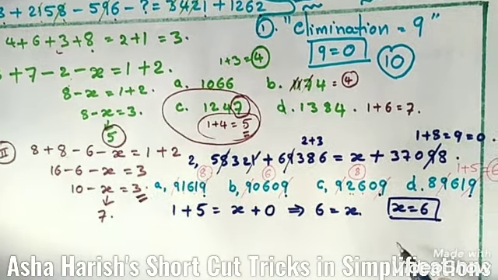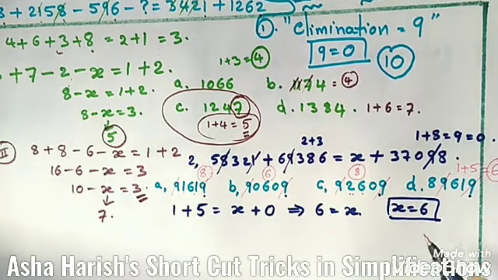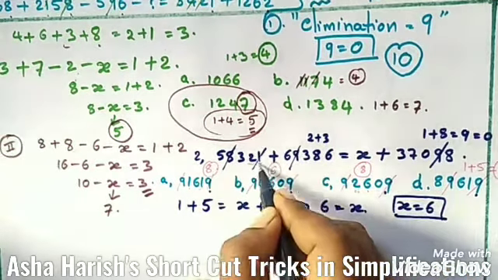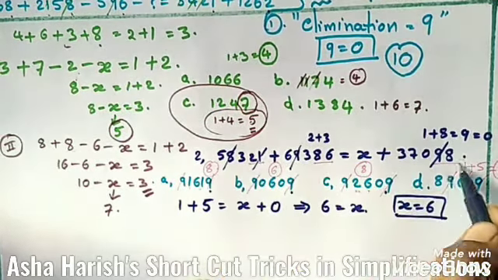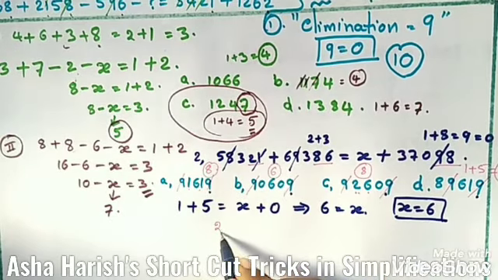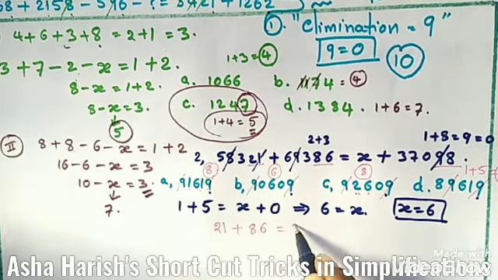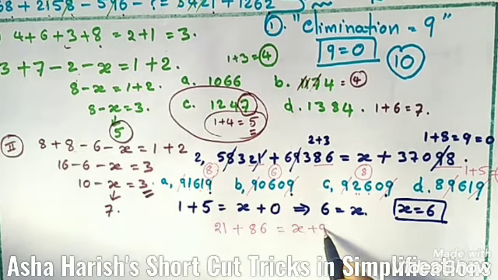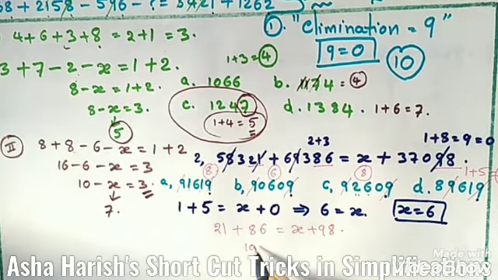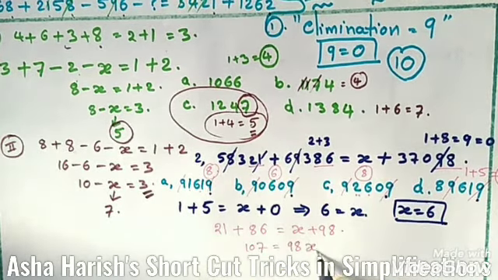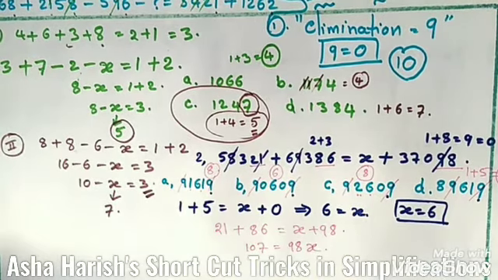number 6 we got. Okay, now based upon the last two digits, already we discussed, the last two digits here are 21, here 86, here 98, so simply 21 plus 86 is equal to x plus 98, so 107 is equal to 98 plus x.